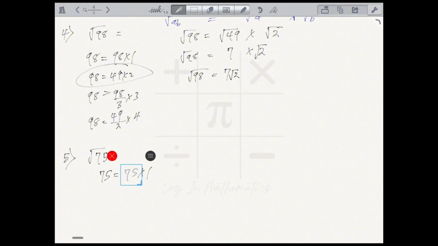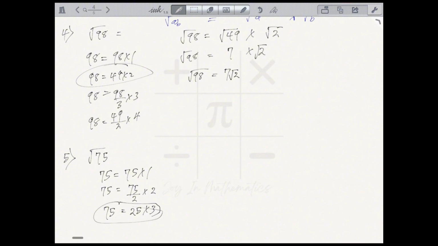Is there a definite square root of 75? No. 75 is equal to 75 over 2 times 2, and likewise, there's no definite square root of this. 75 is also equal to 25 times 3. And there is a definite square root of this, so we stop here.